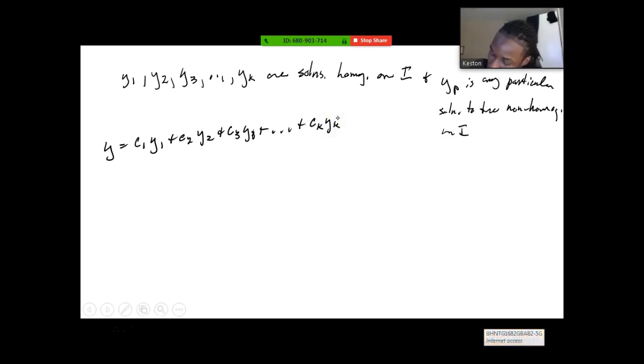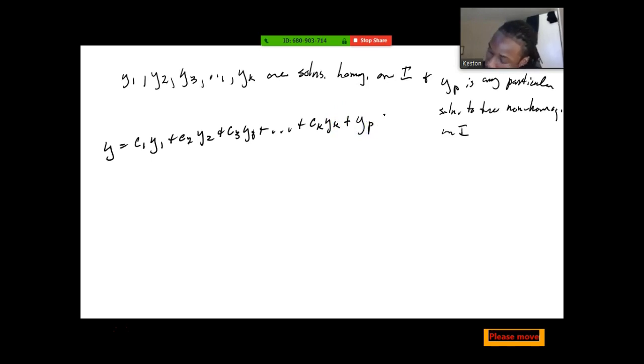Your general solution for the non-homogeneous case is going to start out the same way, except now we just add, with no c's attached, y sub p.